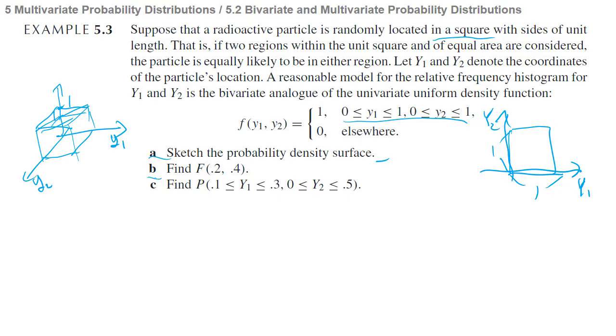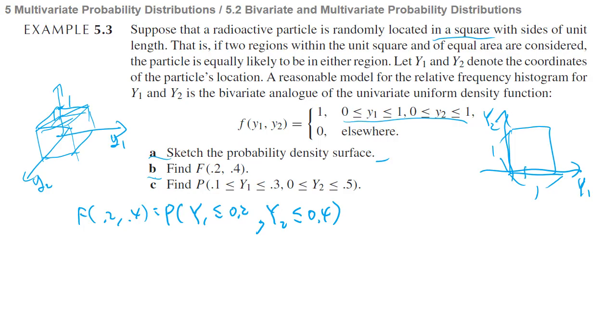Find F(0.2, 0.4). So F(0.2, 0.4) is actually the probability that Y1 is less than or equal to 0.2, and Y2 is less than or equal to 0.4.